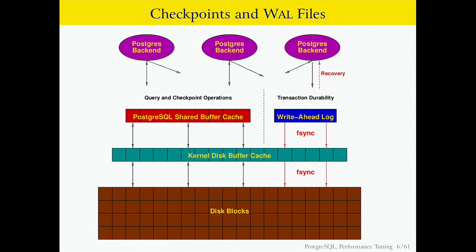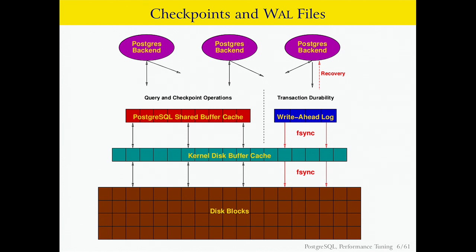And every time one of these sessions at the top needs to read or write some data, it has to do it through the shared buffer cache, okay? So why does it have to do that? Well, if I read some data into my process, other people can't see what I read. And if I change it, they can't see what I changed. So effectively, if I'm going to modify files that other people are going to play with, I've got to do it in the shared area.